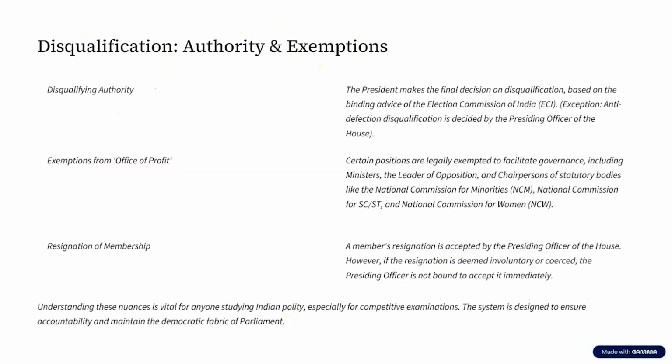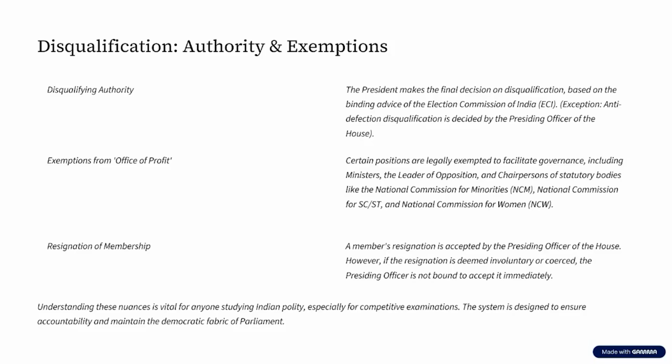What kind of positions? For example, the positions of ministers, the chairpersons of certain national bodies, or any other positions which this act specifies. If this act says that a position does not come under office of profit, then there is no issue. I hope this is clear with respect to disqualification under office of profit.